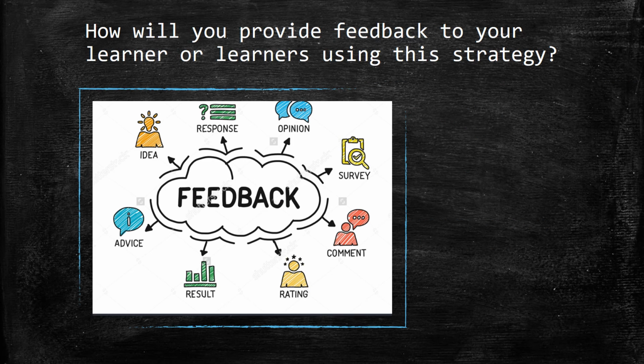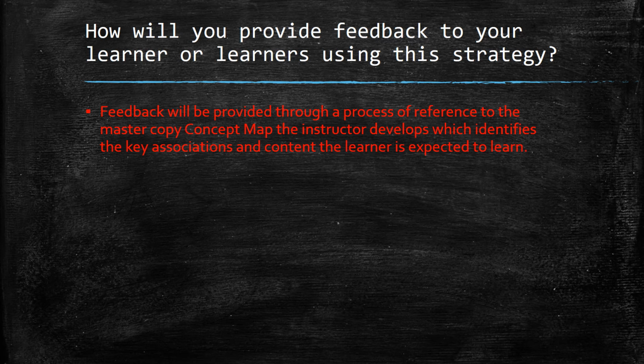You might ask, how will the instructor provide feedback to your learner or learners using this strategy? Let's discuss. Feedback will be provided through a process of reference to the master copy concept map the instructor develops, which identifies the key associations and content the learner is expected to learn.